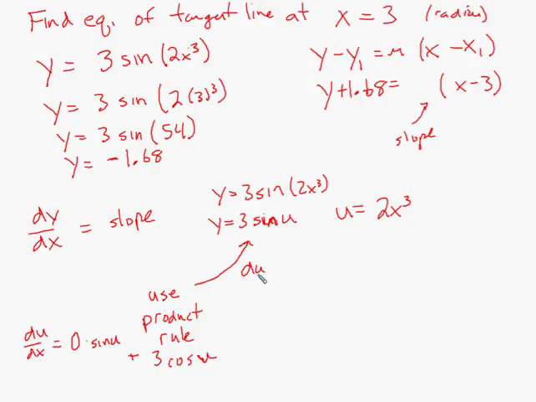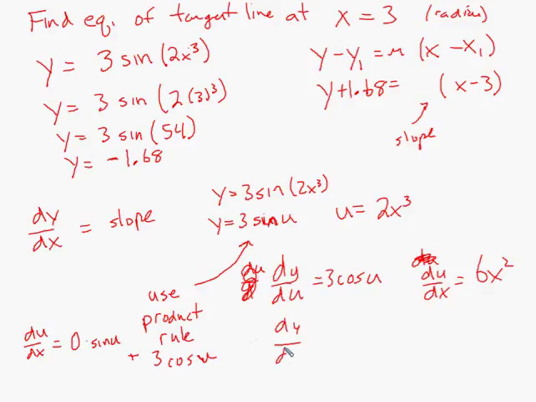So dy du equals, that's going to be 0, 3 cosine u. Then du dx, I take the derivative of that, 6x squared. And then for dy dx, my final answer is the product of these two.